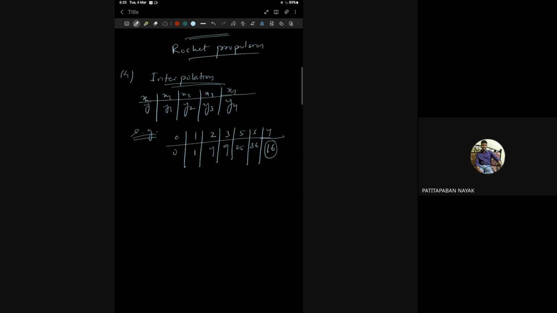So I have x values running from 0, 1, 2 up to 6. I also have 5, but I don't have 4. So for an in-between point, I can find the value if I know the equation that governs the data points.